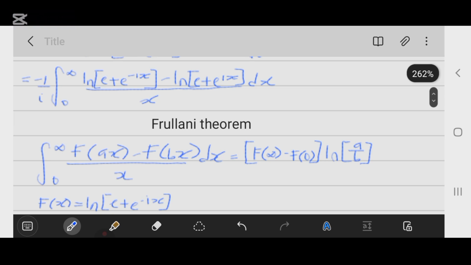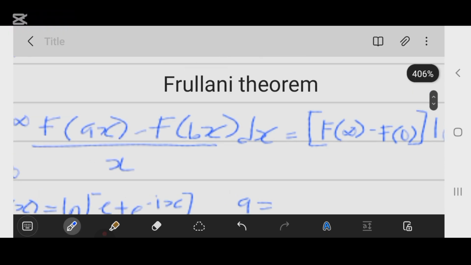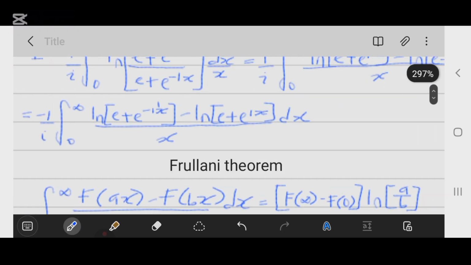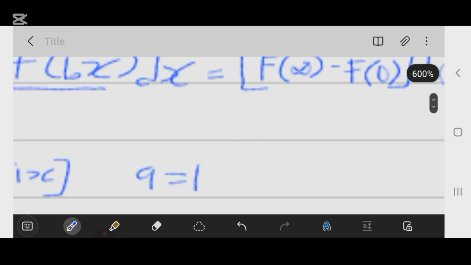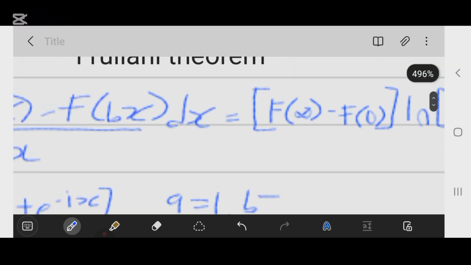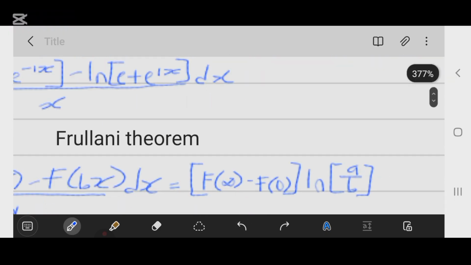Now if you compare this function and this integral, you find out that a, which is the coefficient of x in this part, is 1. And b, which is the coefficient of x here, is minus 1, since minus minus has to cancel out.